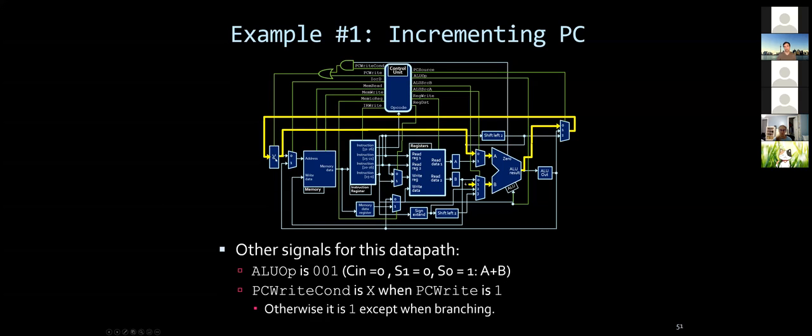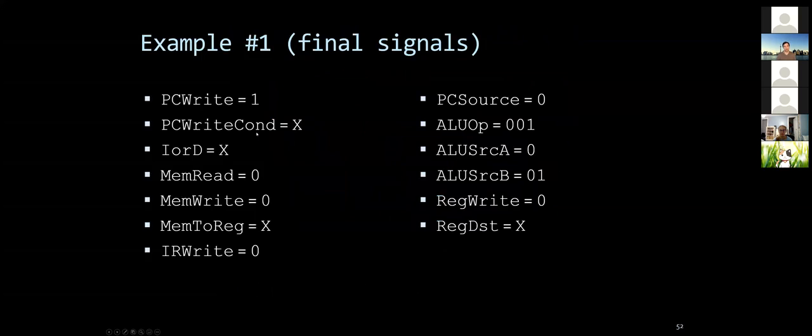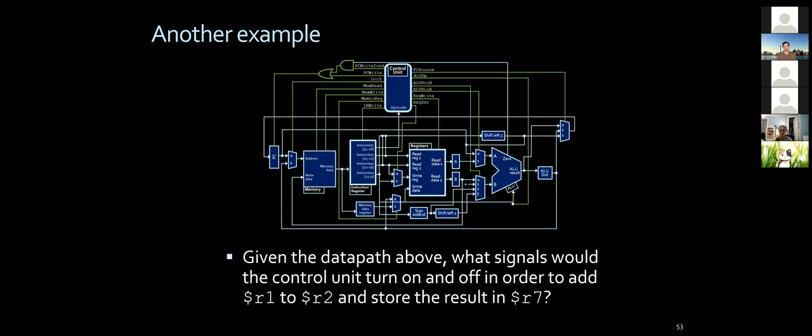Because if I know I need PC, I need to add it up. I know I need to flow in this direction, and there's only one way I can get to that, right? Through this path, because otherwise I'm going to get something wrong. And then I need these muxes to do what I want. I need this add to do what I want. And then I need this result stored in the right location. That's it. And everything is done very similarly.